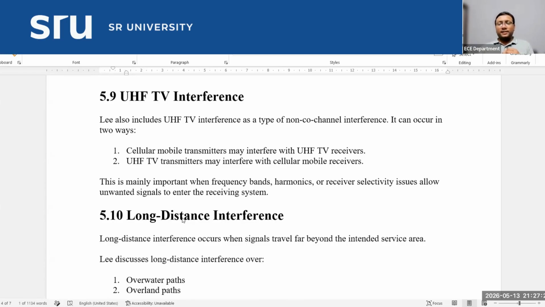As a result, these UHF TV signals used to create some interference effect on the mobile transmission or cellular transmission. Okay. So this is called UHF TV interference.